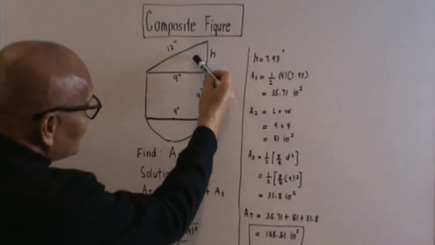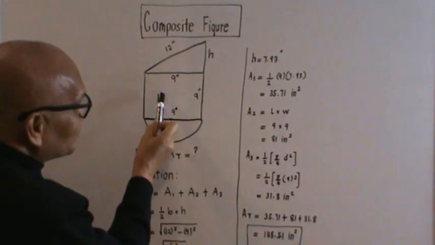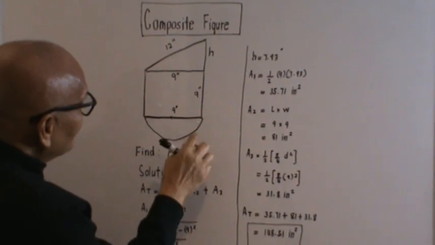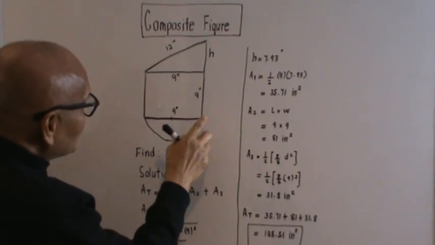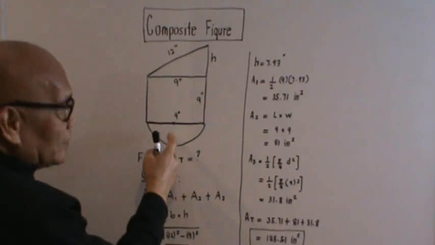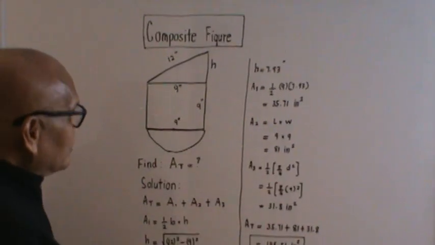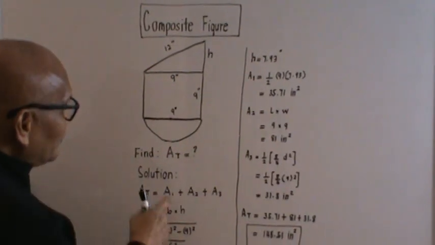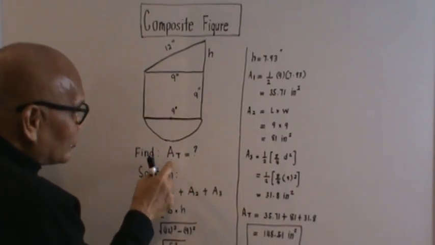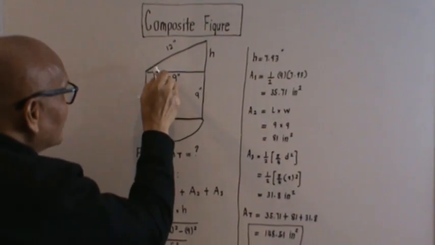The top portion is a right triangle, the middle portion is a square, and the bottom portion is a semicircle. The problem here is asking for capital letter A with subscript T, meaning the total area of the composite figure, the total area of this one here.